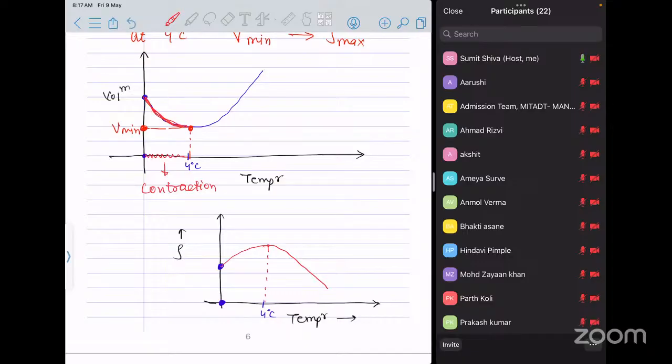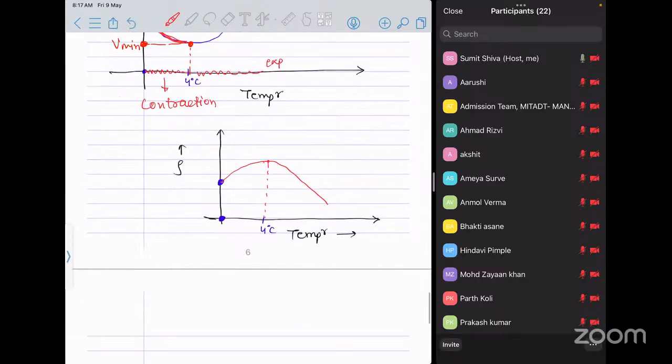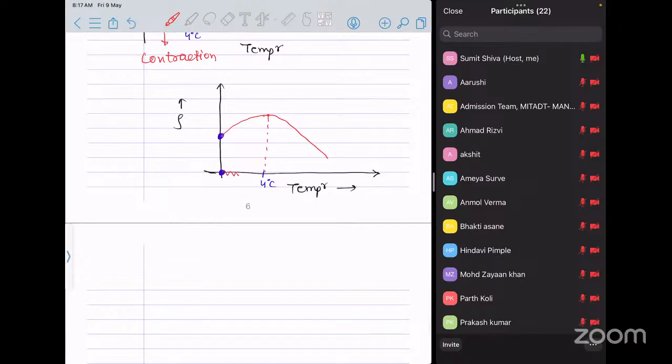After 4 degrees Celsius, volume is increasing, which means now it starts expanding again. So after 4 degrees Celsius, there is expansion. Similarly, in 0 to 4 degrees Celsius, due to contraction, density will increase. And after 4 degrees Celsius, in this temperature range, density will decrease. Understood?